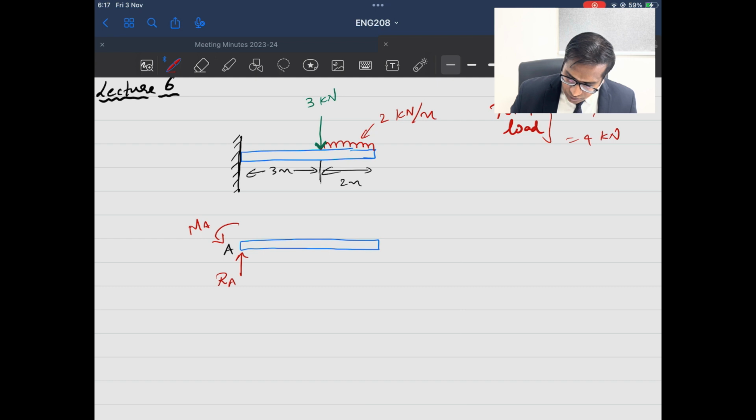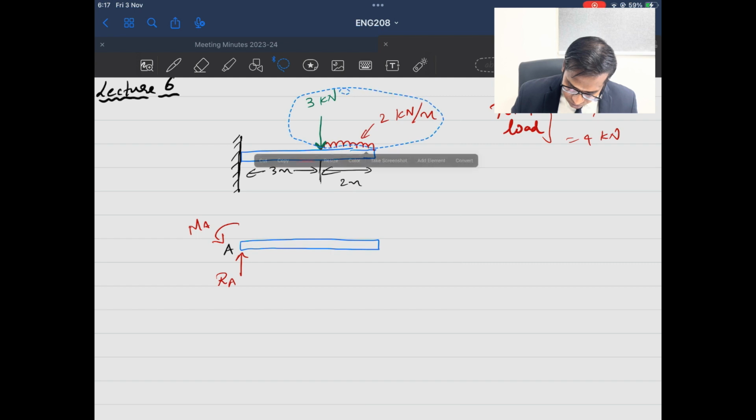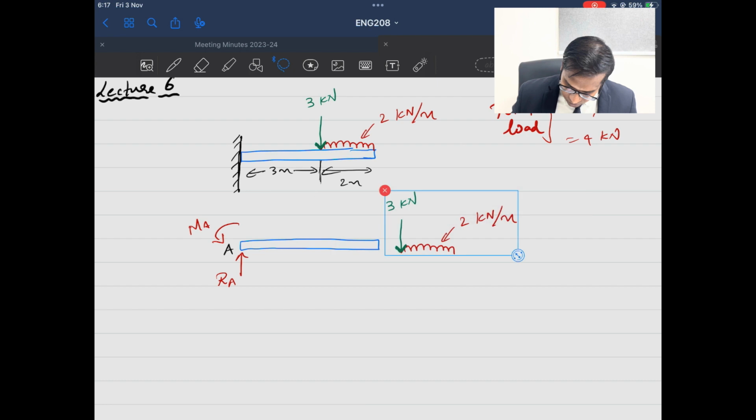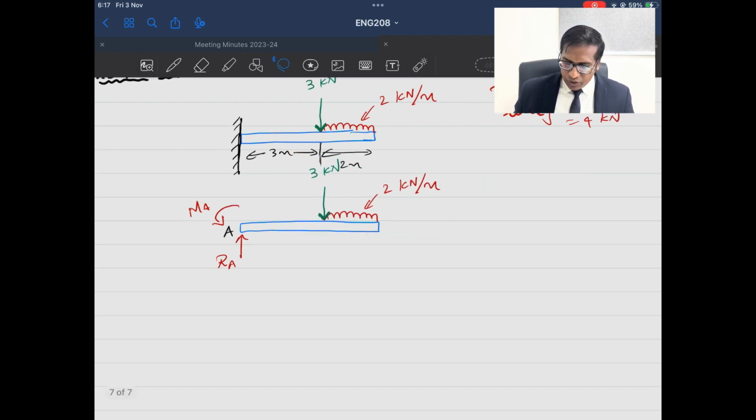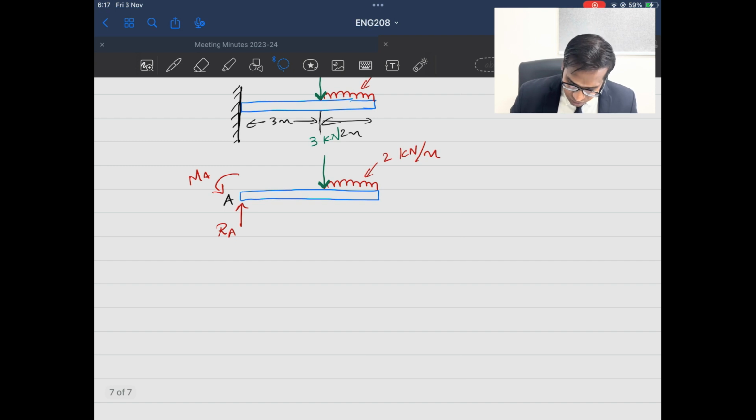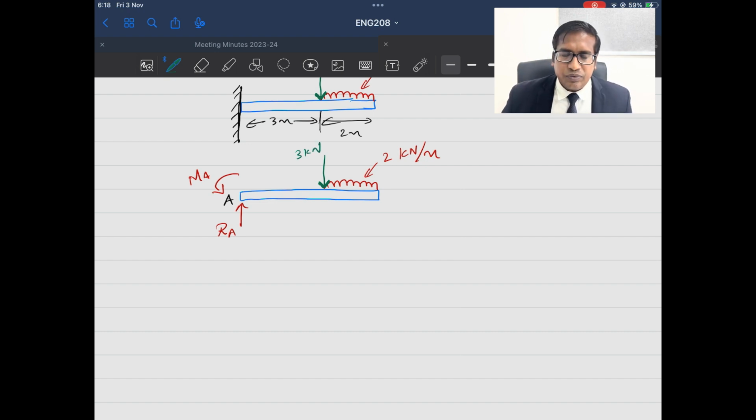Now I will be applying the load. I can just copy this here and apply it. Now to find RA and MA, as we used equilibrium equations in our previous problem, we will be using them now.